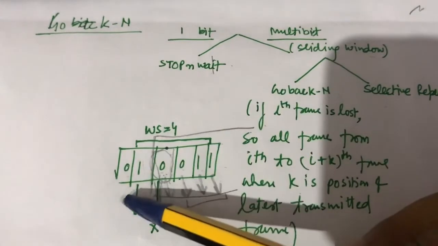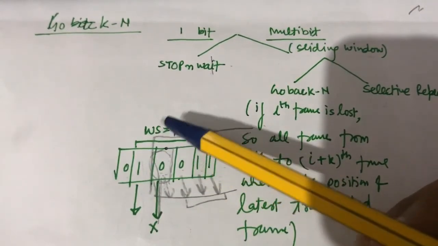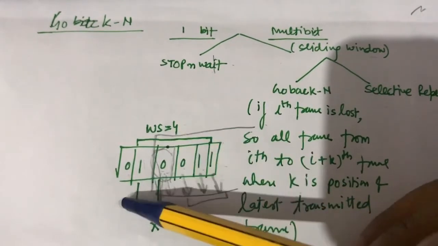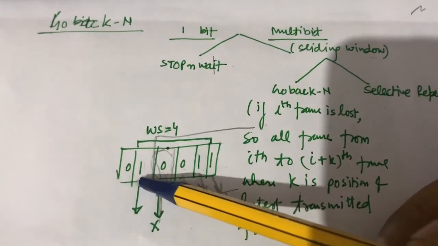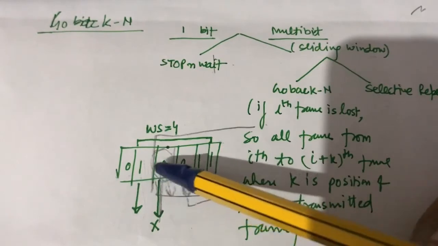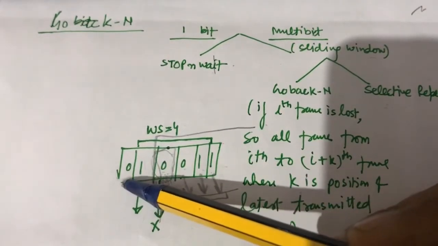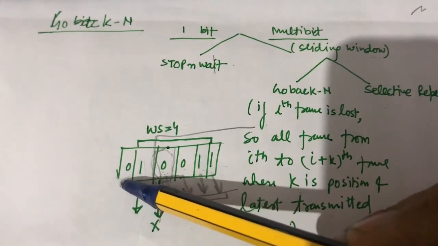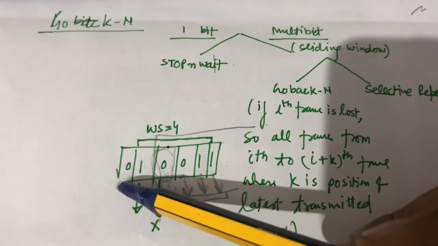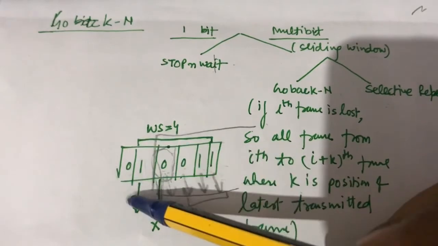Suppose we see here, I have a window size of 4, and the window contains these values in the frames. Suppose the first frame is transmitted to the receiver, successfully received by the receiver, and acknowledged to the sender side.